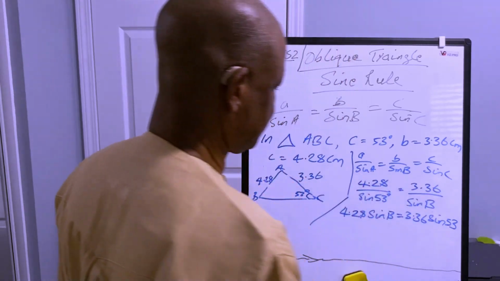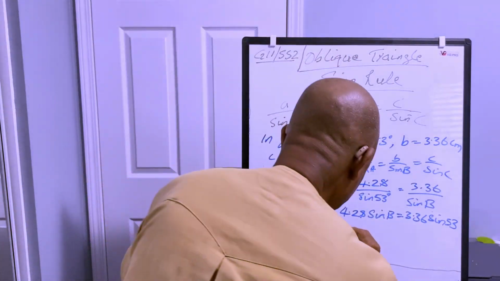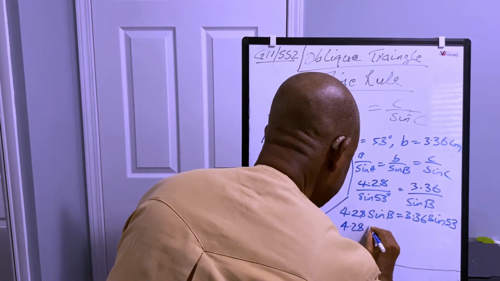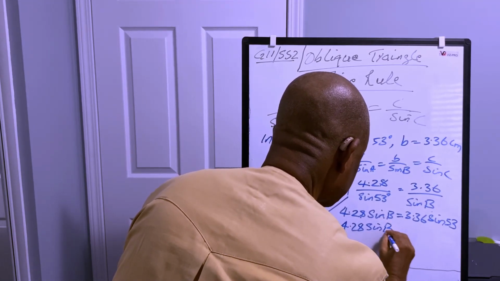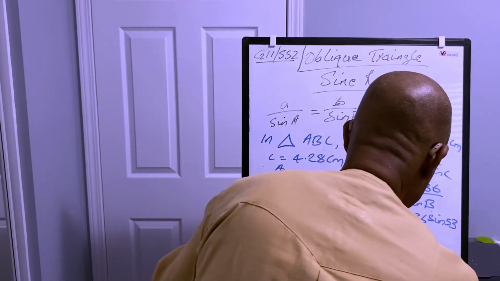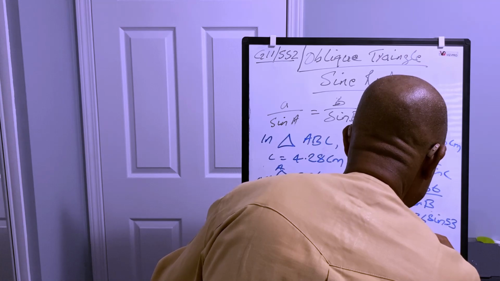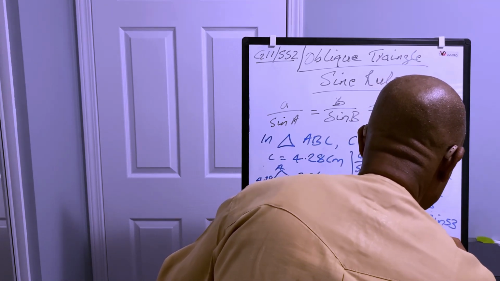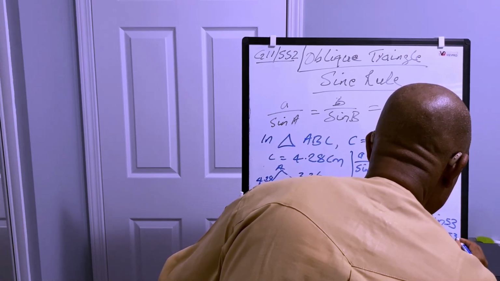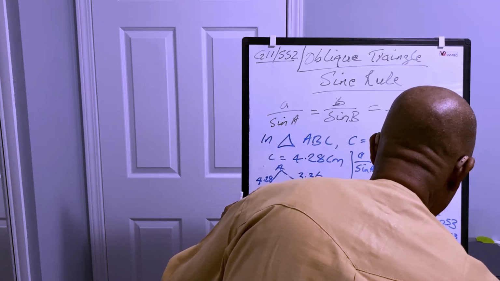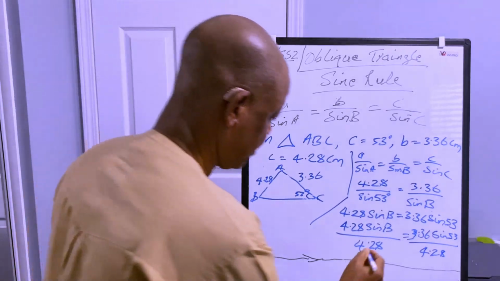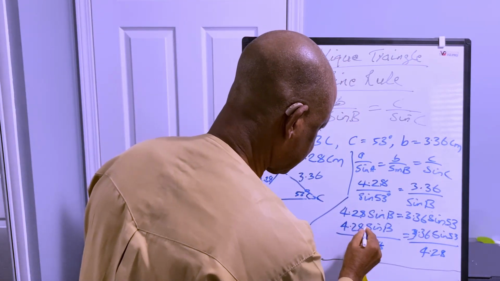This times this. Here we single out sine B we are looking for. 4.28 sine B divided by 4.28 is equal to 3.36 sine 53 divided by 4.28. What you do to the left, you do to the right. So the 4.28 cancels 4.28.